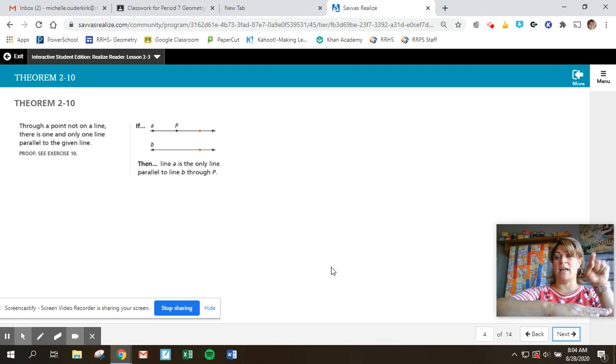If I had a point here and a line through it, and it moved just a tiny bit in a different direction, it wouldn't be parallel anymore. So there's only one line that can go through a point. Point P is off the line, and there's only one parallel line. And look at these little red arrowheads. Those show that the two lines are parallel.